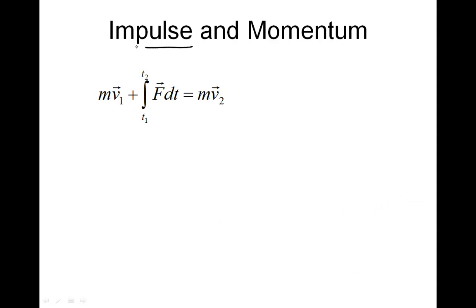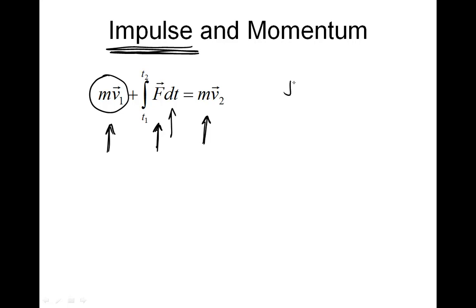Okay, so there is a term referred to as impulse, and impulse really is the change in momentum. Notice this equation right here. It looks fairly familiar. It's of a similar nature to work and energy. Instead of kinetic energy, I have momentum. So if a particle has an initial momentum, and there is an external force acting on that particle over some time period, then that particle will change its momentum to some value mv2.